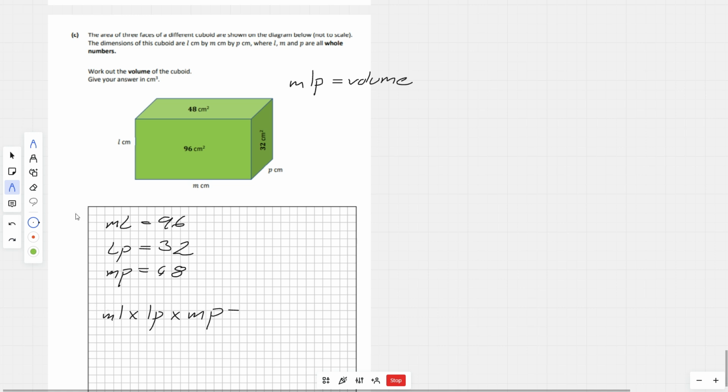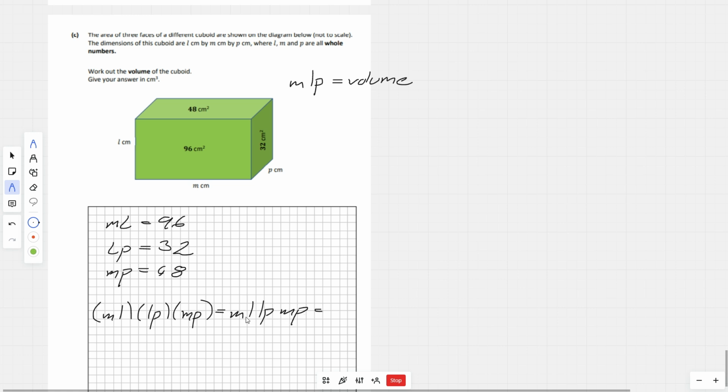Another way of writing that, without the X, because the X can be confusing, as we might confuse it for the letter X instead of multiplication, is to write it like this in brackets. Then I'm going to remove the brackets. So it's going to be ML, LP, MP.